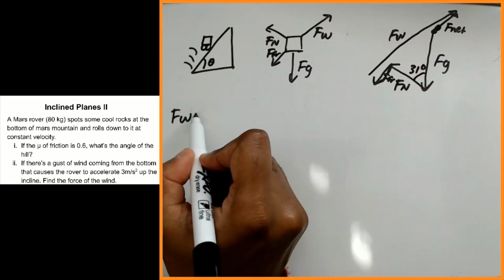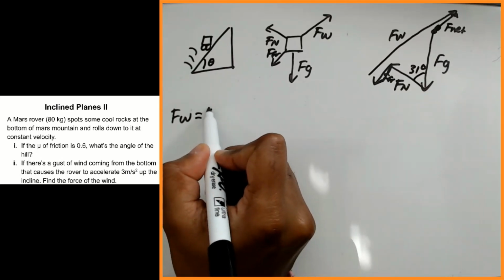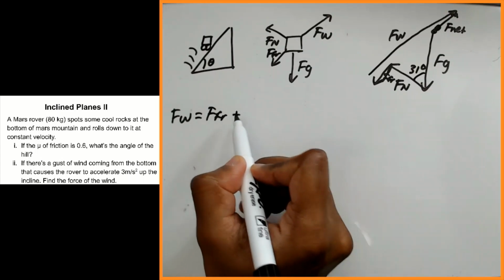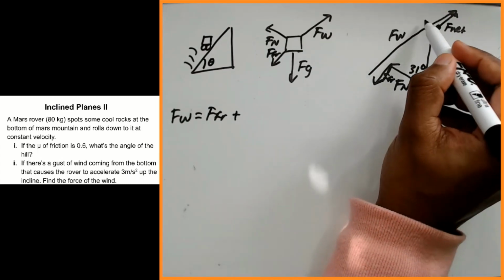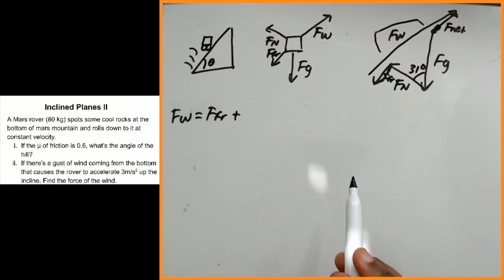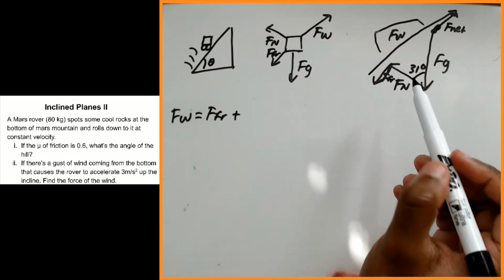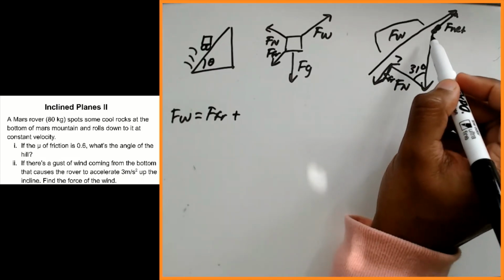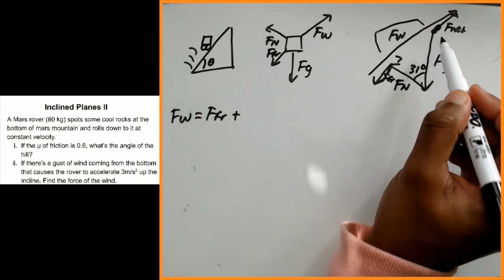So we can rewrite that as F of friction, which is this component, then this component over here, which is part of the triangle. So remember that this is still a right angle triangle, just this portion over here.